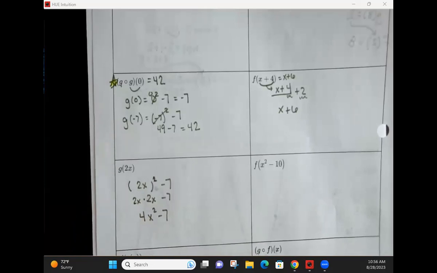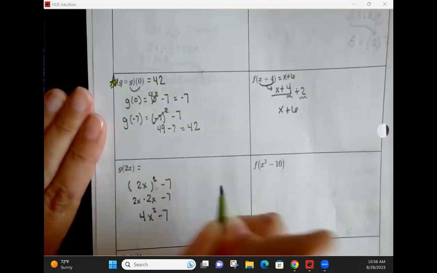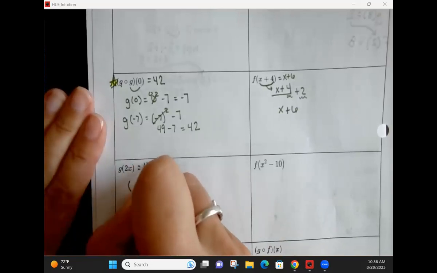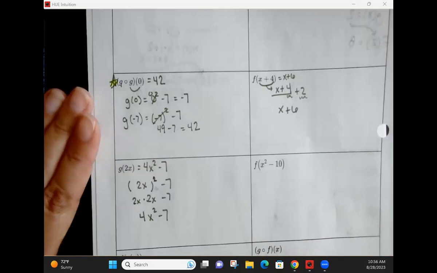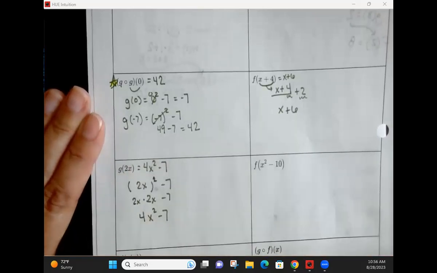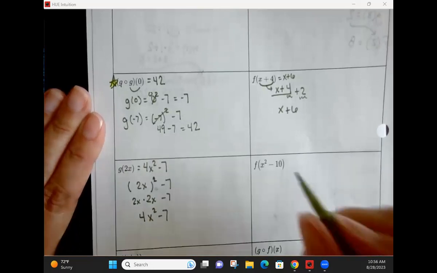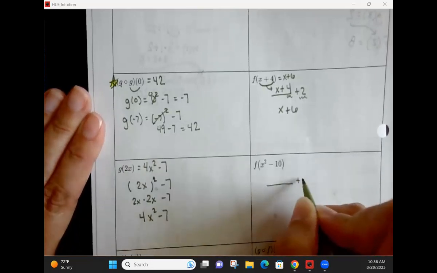I have no more like terms to combine. There's no more operations that I can do. So g of 2x would be 4x squared minus 7. Our next problem, f of x squared minus 10, means we're going to take our f of x, which was x plus 2, right? X plus 2.